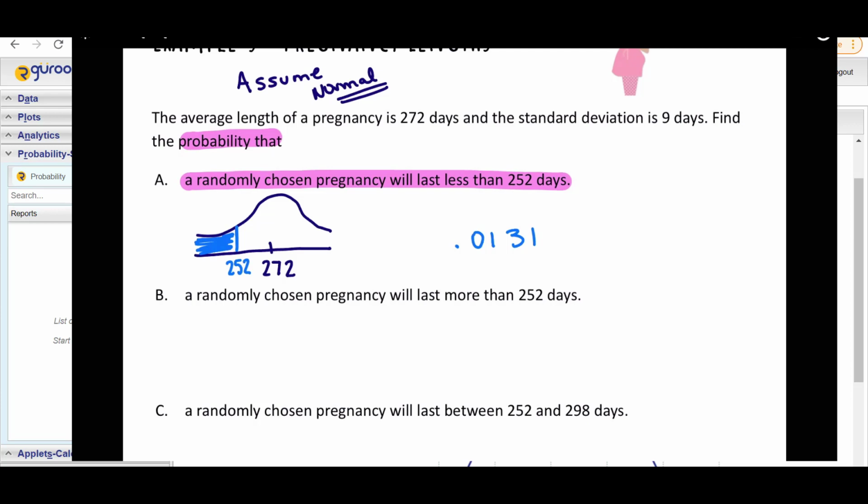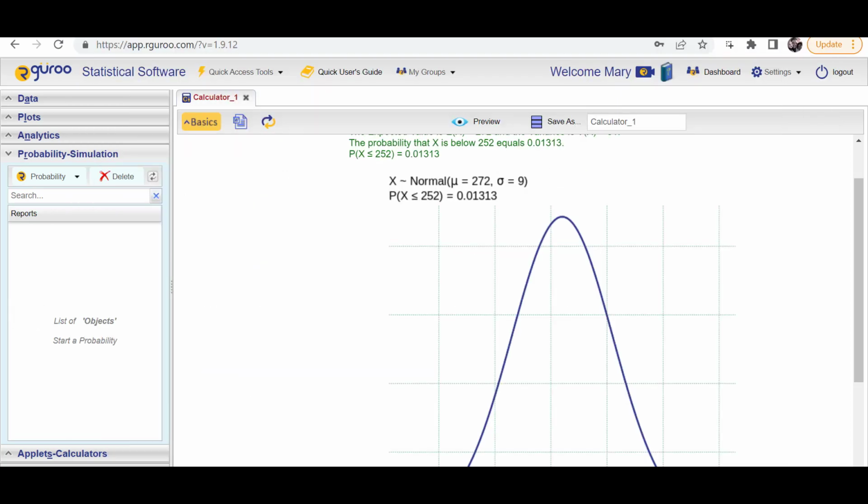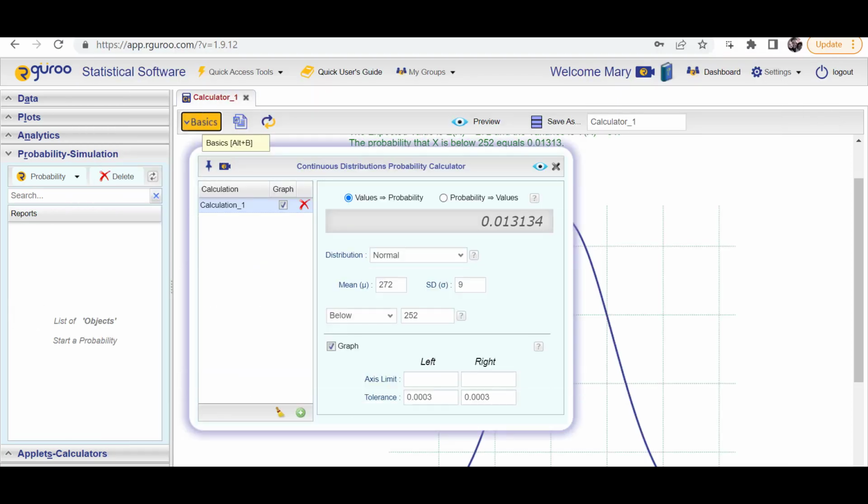So let's do the opposite. Let's do what's the probability that a randomly chosen pregnancy will last more than 252. So we want to shade to the right. I can just go to basics, and I can just change this to above 252. I'm going to leave the mean and the standard deviation the same.